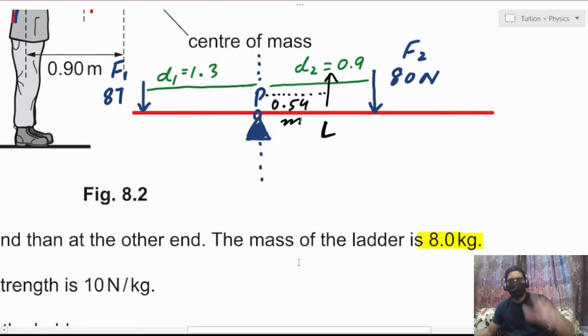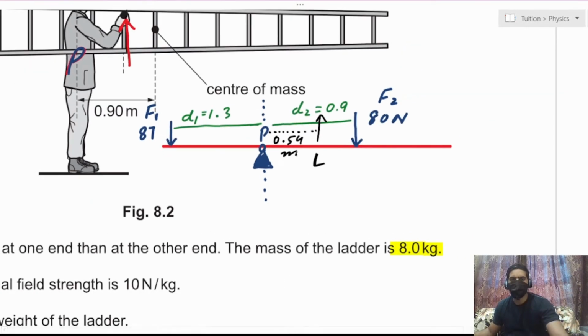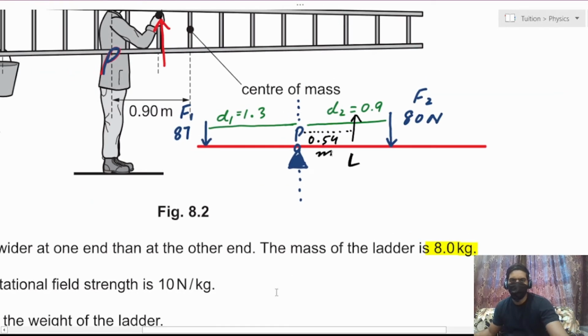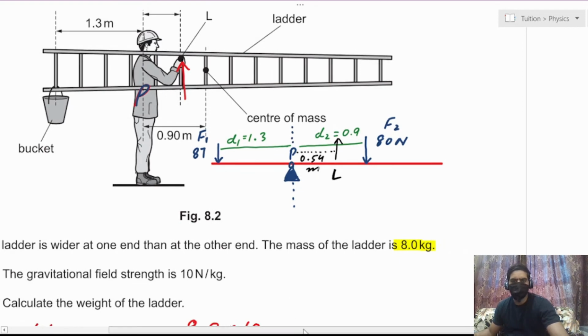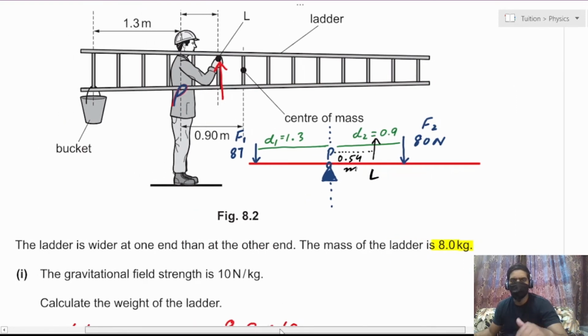So right now I'm assuming that the direction of force is upward, and if my answer is positive, that means the direction is okay, the force would be upward. But if the answer is with the negative sign, then it would imply that the force would be downward.